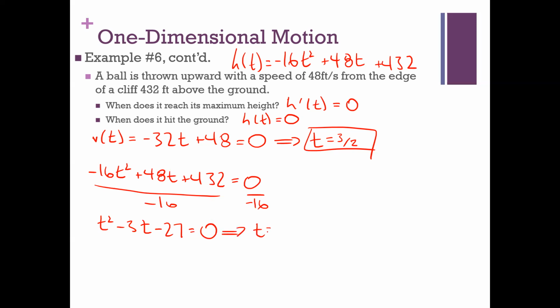So t equals 3 plus or minus the square root of 9 minus 4. So how many times should I get out of this? Should get 2, right? So let's get them.